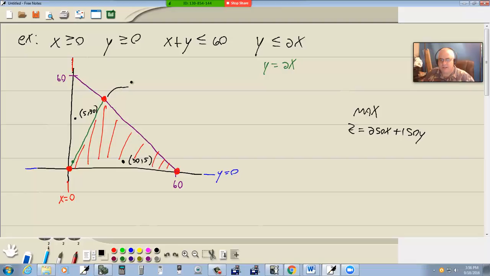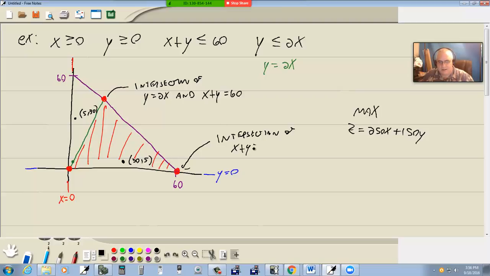Now this one is the intersection of this green line, which we said was y is equal to 2x, and this purple line, which was x plus y is equal to 60. You notice how I replace the inequalities with equals. Now this one right here is the intersection of the purple line, x plus y is equal to 60, and the x-axis, which is y equals 0.